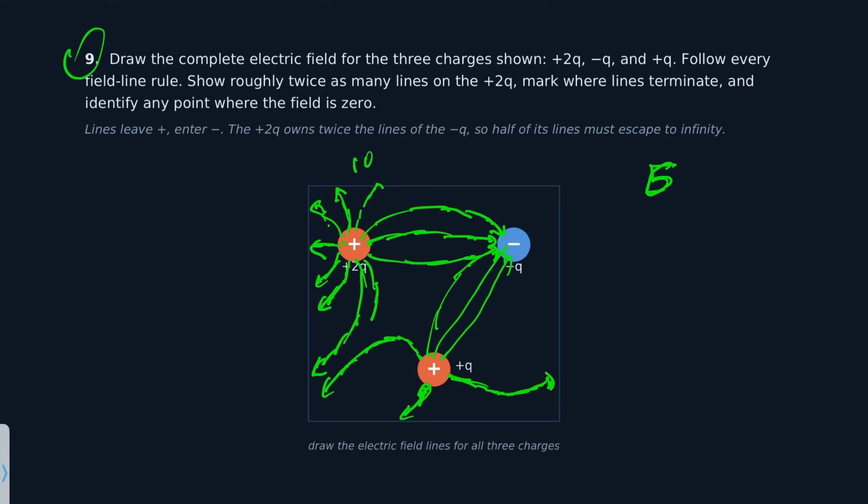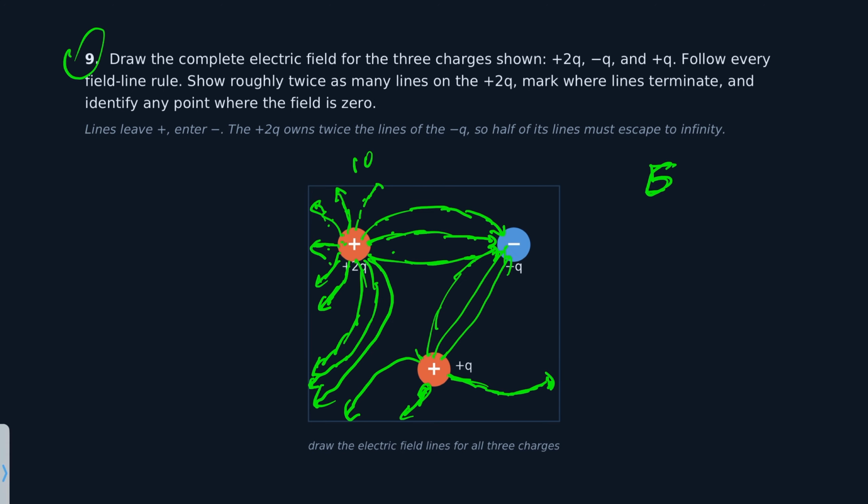And then almost like that. So a bit stuck there. 1, 2, 3, 4, 5, 6, 7, 8, 9, 10, 11. So I need a 12th one. Because this one is going to dominate the space, this is a larger charge, it'll look like that, and this is going to look like that.